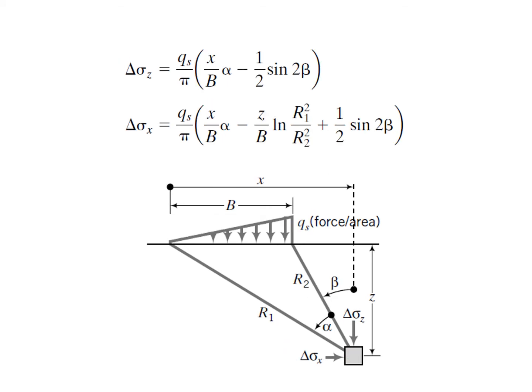Now here you can see the triangular distribution, and in this case if you are interested in this element or point, delta sigma x can be calculated by using this formula, and this one will be used for vertical stress at this particular element or point. So we will be using these concepts in this particular problem.